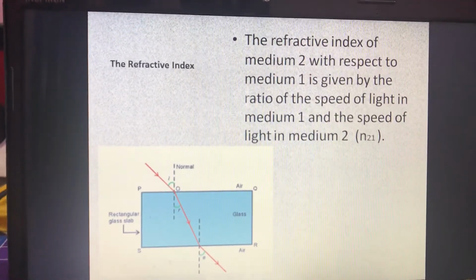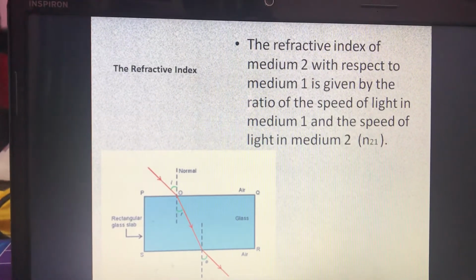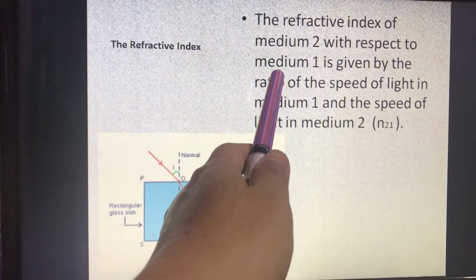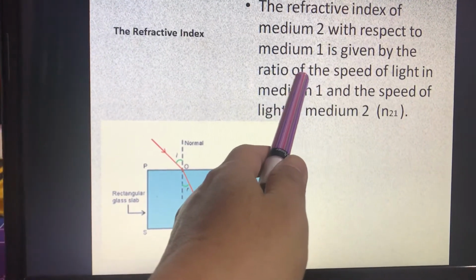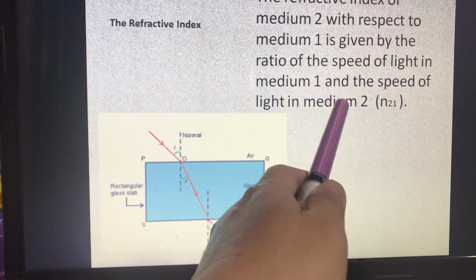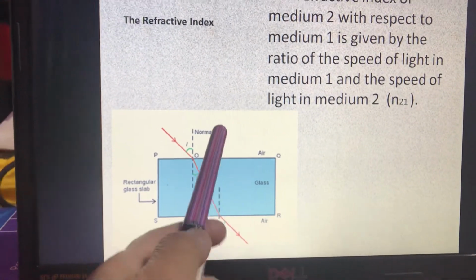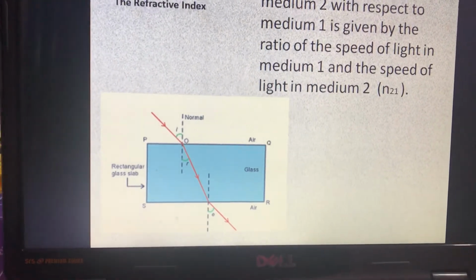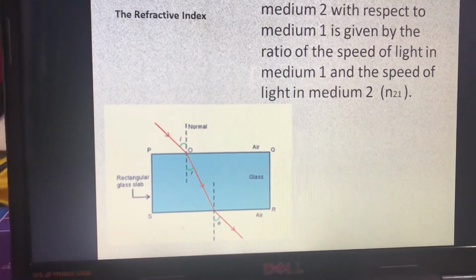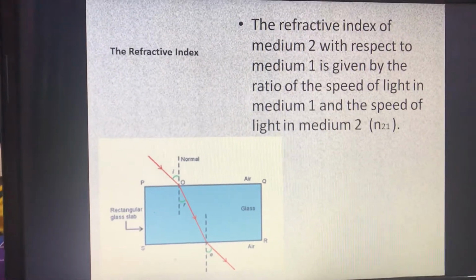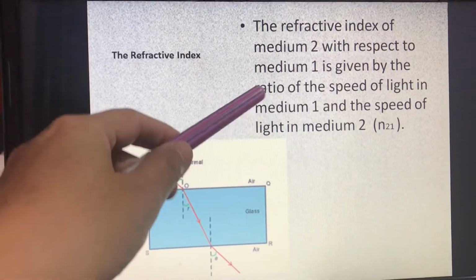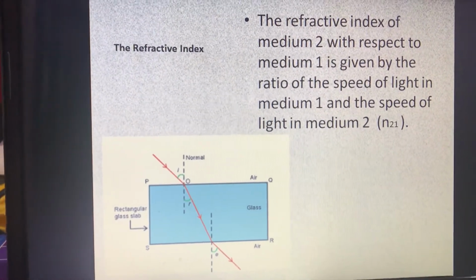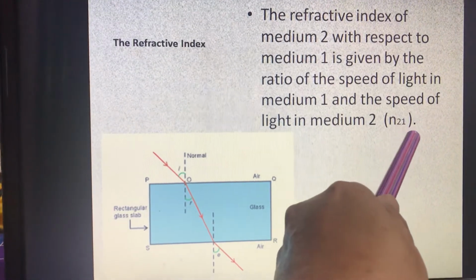Now refractive index, what is meant by refractive index, how to find the refractive index. The refractive index of medium 2 with respect to 1 is given by the ratio of the speed of light in medium 1 and the speed of light in medium 2. It is denoted as n21.